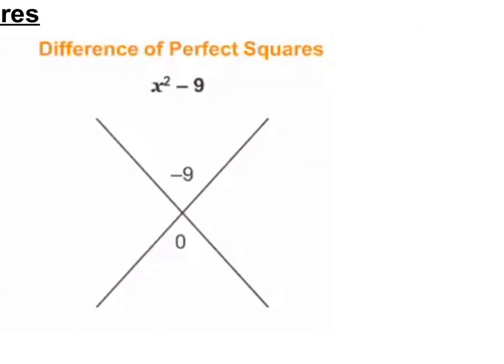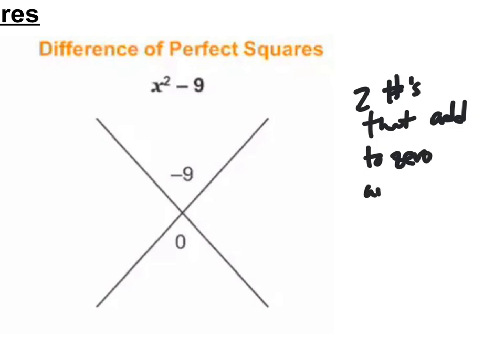But if I ask the question, two numbers that add to 0 and multiply to negative 9, then I can say that would be negative 3 and positive 3, okay? Those two numbers will add to 0, but they will also multiply to negative 9.